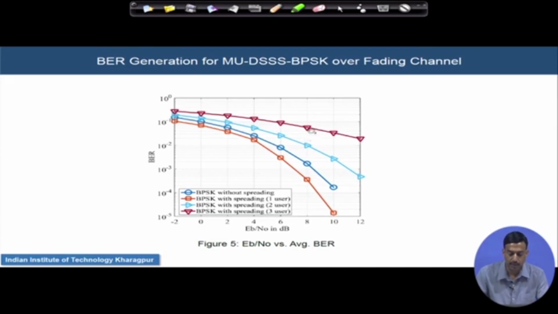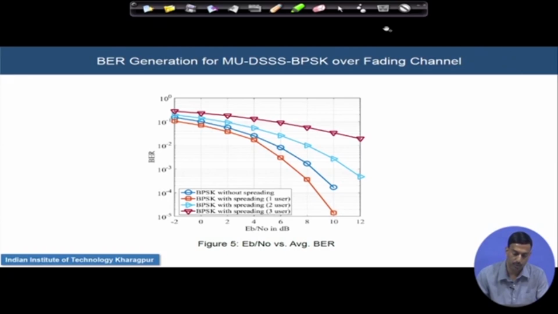This of course has been done for a code length of 4. You could experiment with higher code lengths, higher multipath numbers, by varying the power delay profile parameters, etc., and you could see how the system behaves.